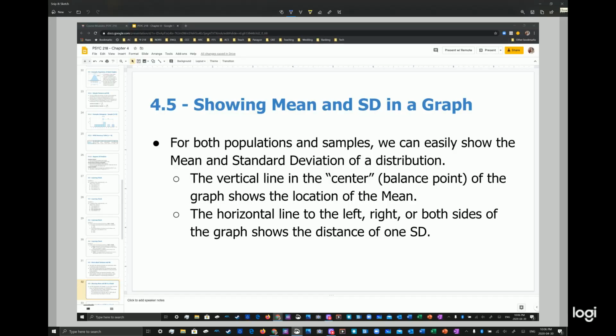So then here in the distribution, let's just use a bell curve for now, a symmetrical unimodal distribution. Have a vertical line in the center, the balance point, to show the location of the mean, or you just say what the mean is. For population, you use mu, or for sample, you use M, or x bar for sample mean. That works too. Then a horizontal line to the left and right of both sides of the distribution.